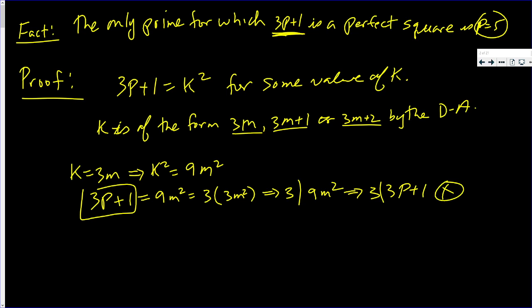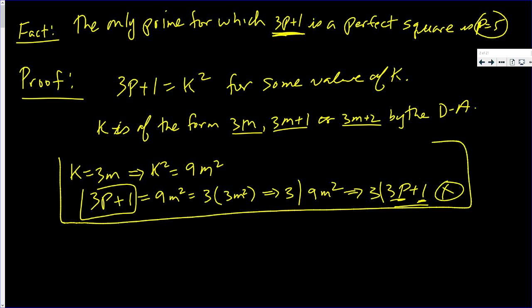But that's not true whether p is a prime number or not. 3 clearly goes into 3p, p times. The only way 3 is going to go into the sum is if 3 divides 1, and it doesn't. So k cannot be of the form 3m. This number cannot be on the 3 times table.